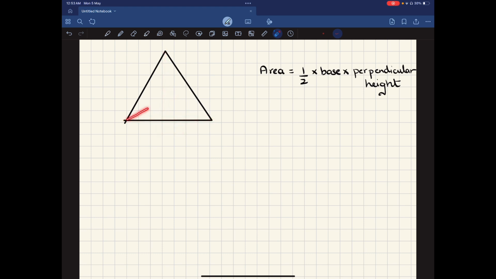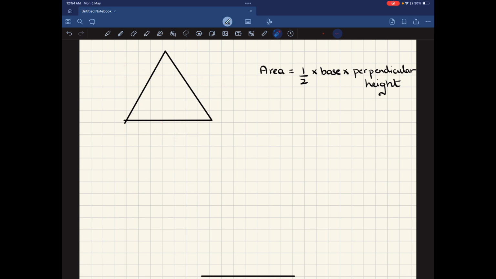However, if this height is given to us, then what is the base? Since this is the 90-degree distance, this is going to be the base if this height is given. Okay, and if this height is given, then your base is going to be this. Okay, so the base basically depends on the height given. So a triangle has three potential bases, base 1, base 2, base 3.